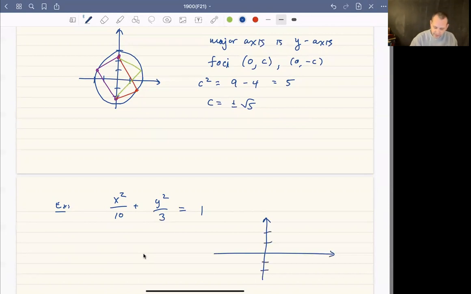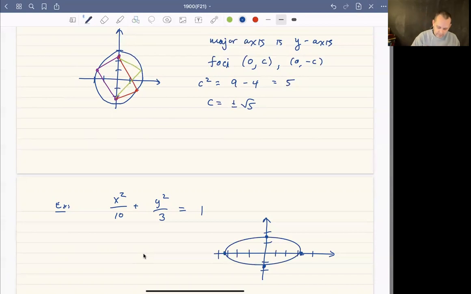Square root of 3 is something like 1.7, and square root of 10 is something like 3.1. These don't need to be too precise here. And so that is going to give us an ellipse. Hopefully the drawing tool will like this ellipse a little better. Okay, and so that's our ellipse.